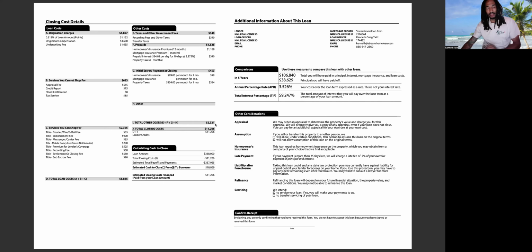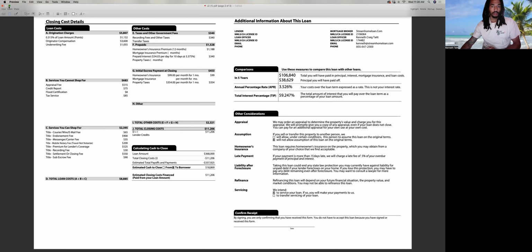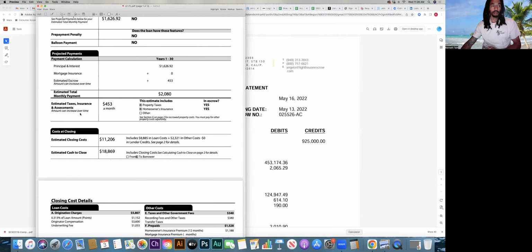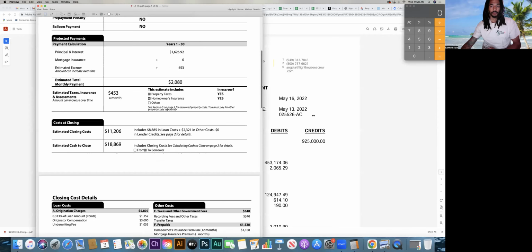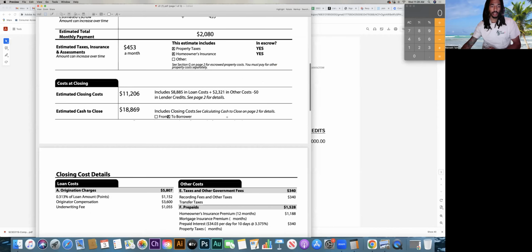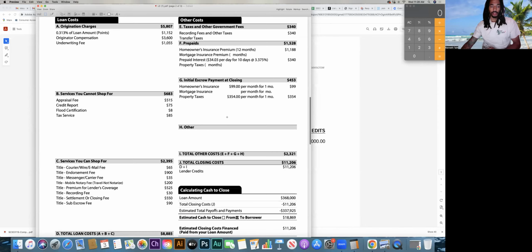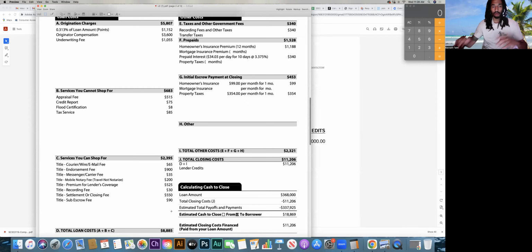So keep this in mind. Let me grab my calculator. When we are looking at this full number of $8,885, normally I would say that actual loan fees are really going to be somewhere around the $3,500 mark, right?